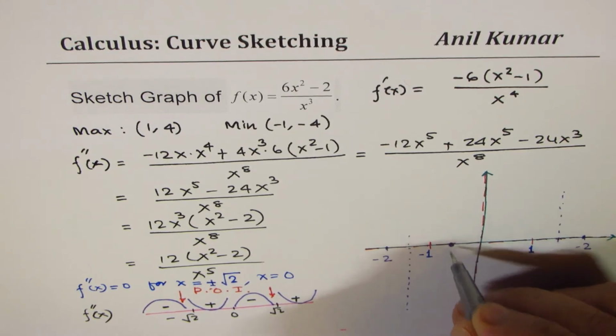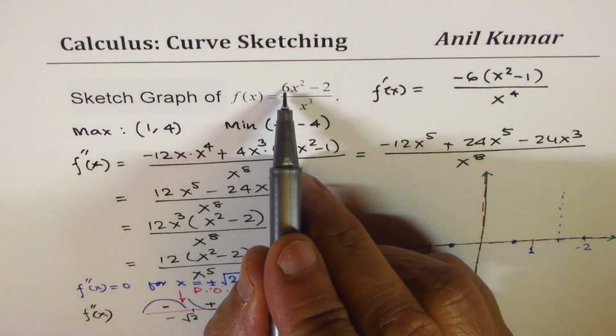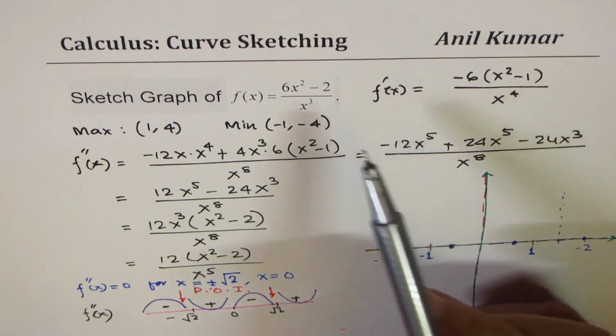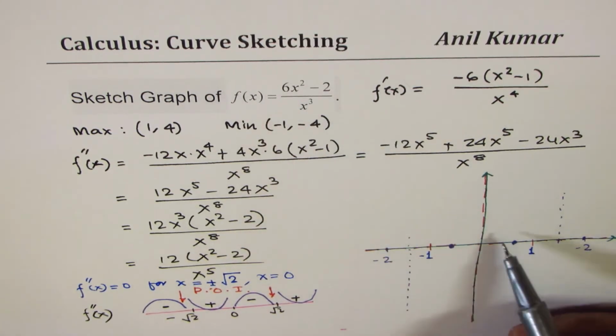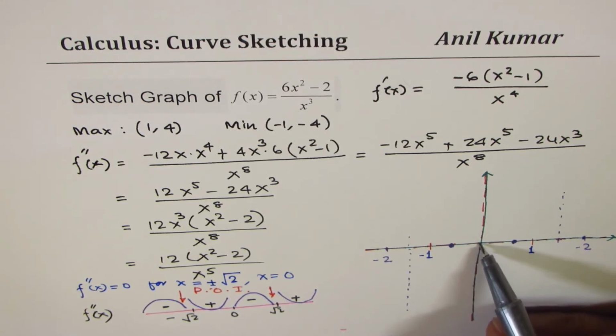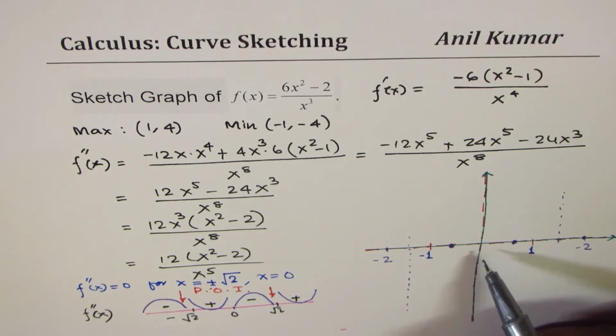So we have somewhere here the x-intercepts, which we get by equating numerator to 0. Perfect. Now we also know that this graph is odd. That means it is the same reflected on origin. Correct?